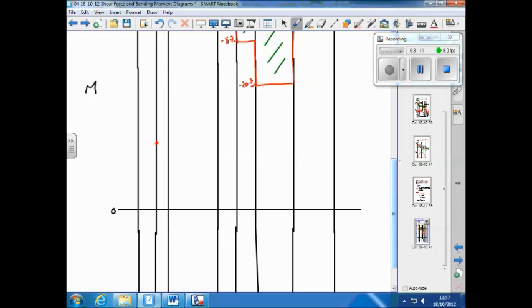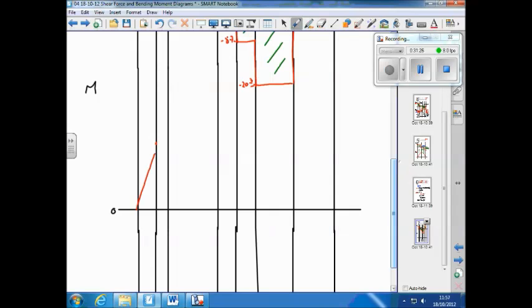And then, because the shear between those 2 points is the same, we'll have a constant gradient, so it could be a straight line going straight up to that point. So if you could just calculate what that point is by finding the area underneath the curve.